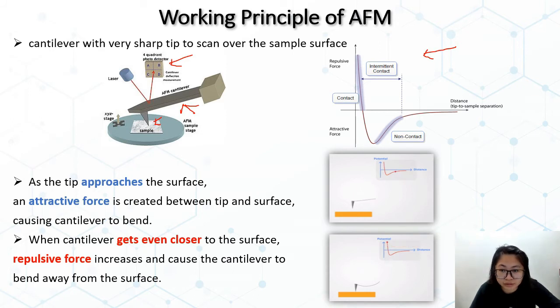So this shows that the distance between the probe and the sample is decreased. When the cantilever gets even closer to the surface, the repulsive force will increase. This shows the repulsive force increasing and causing the cantilever to bend away from the surface.